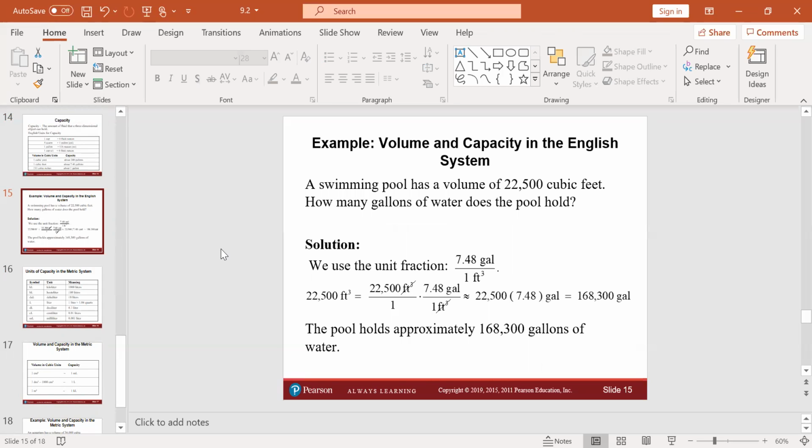But if an adult man drinks about a gallon of water per day, let's just put this into perspective. The man could live off the water in the swimming pool for 461 years. You just take 168,300, divide by 365 days in a year. So the amount of water that goes into a swimming pool would provide a human being 460 years of lifetime of water.